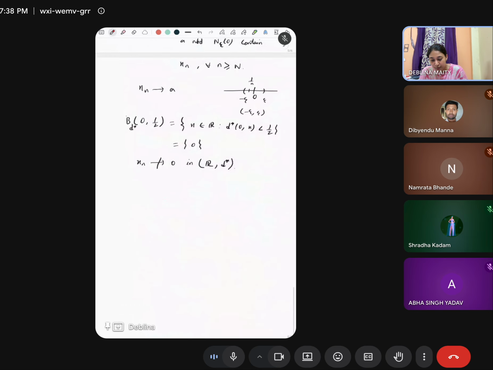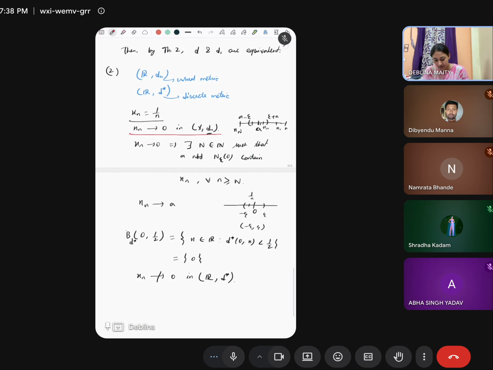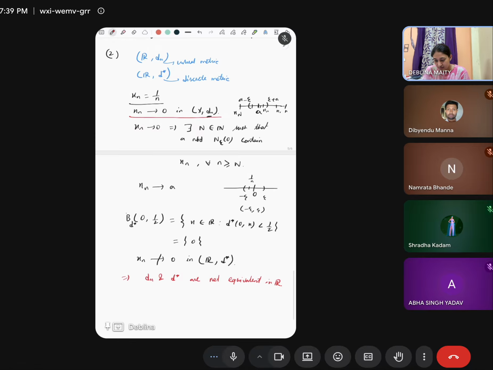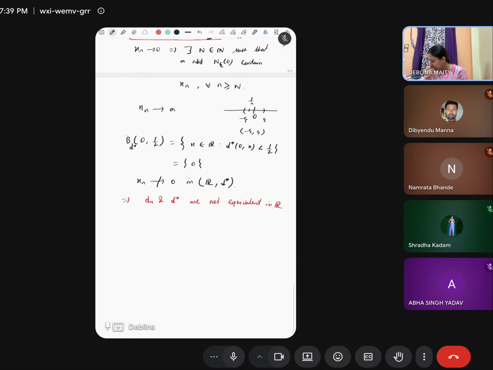So it is not equivalent, which means du and d star are not equivalent in R. Okay, let's move forward.